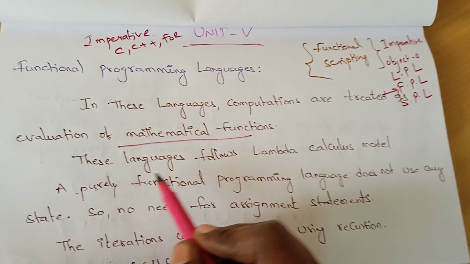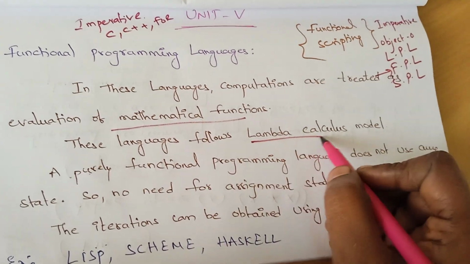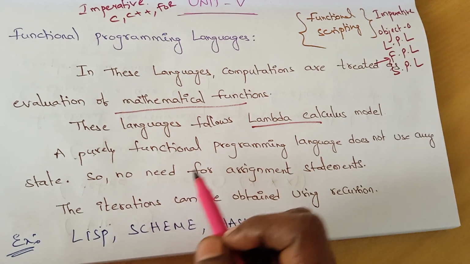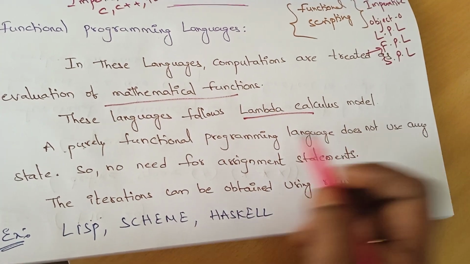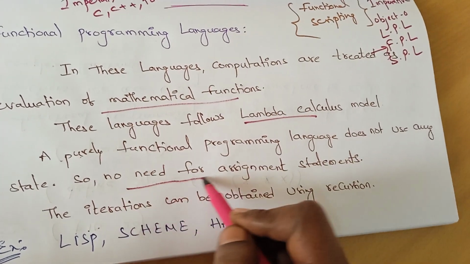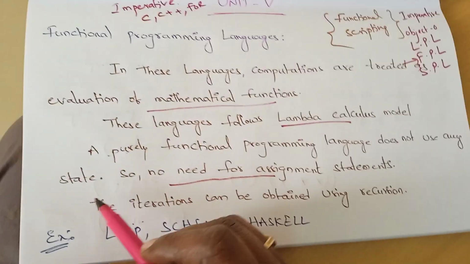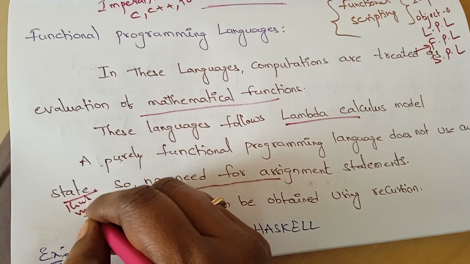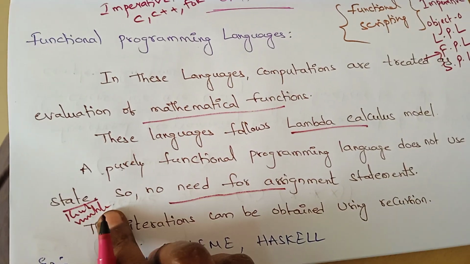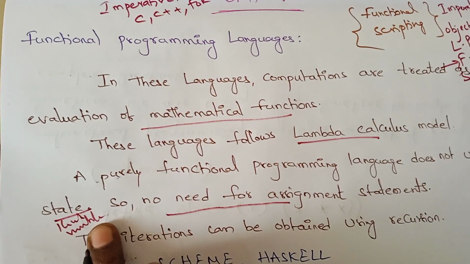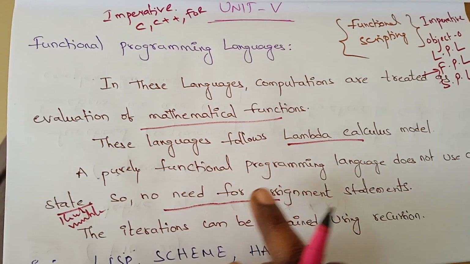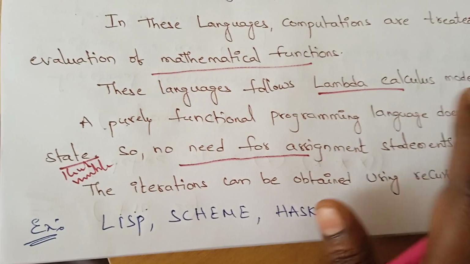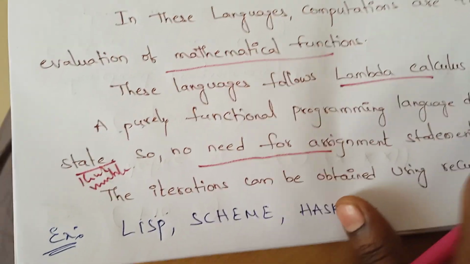These languages follow the lambda calculus model, and a purely functional programming language doesn't use any kind of variable or state. It doesn't require any variable to store the result in a memory cell. That means there is no need for any assignment statements. We'll see how it gets evaluated with an example.